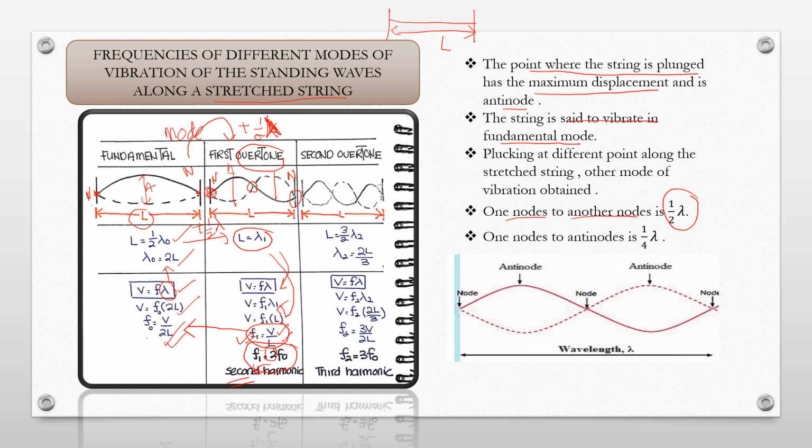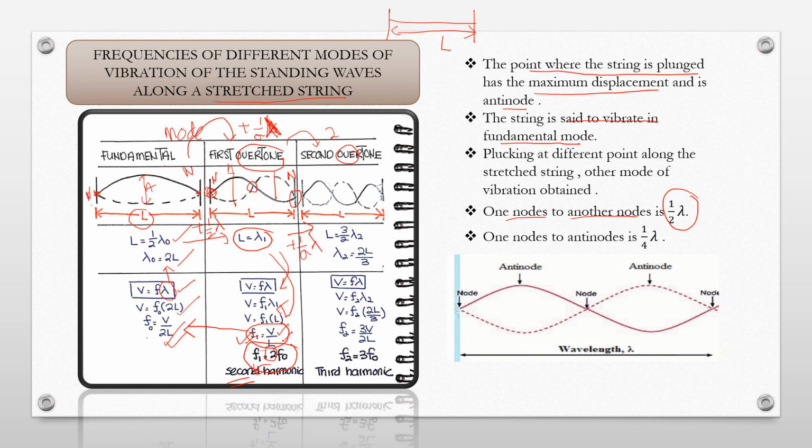Then we move on to the second overtone. From here to here, you add another half lambda.